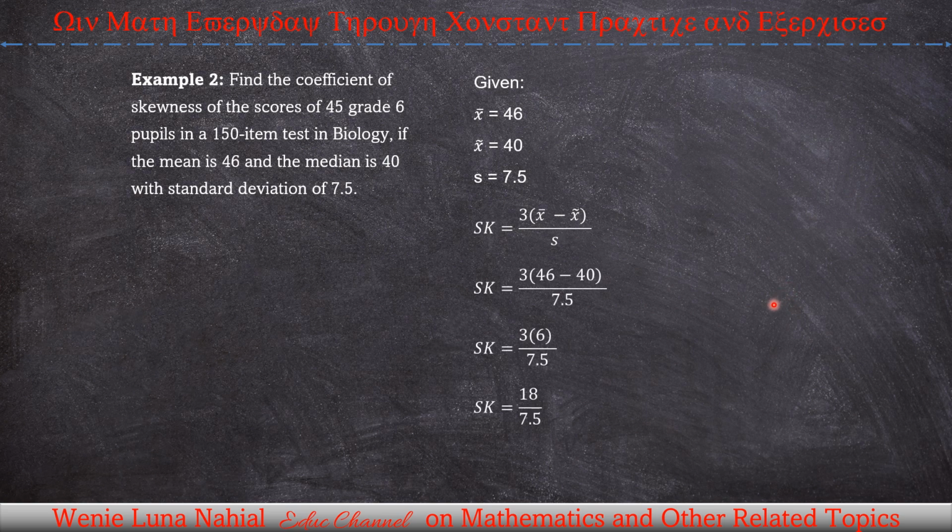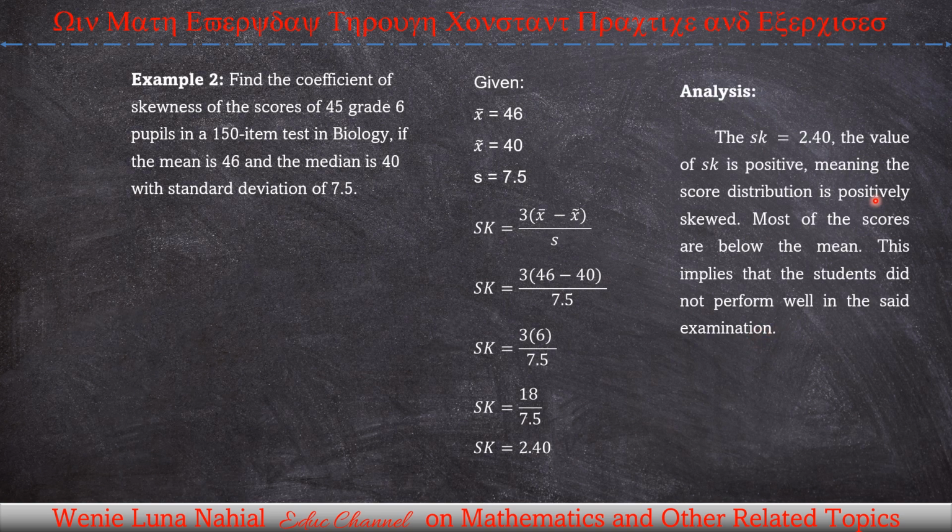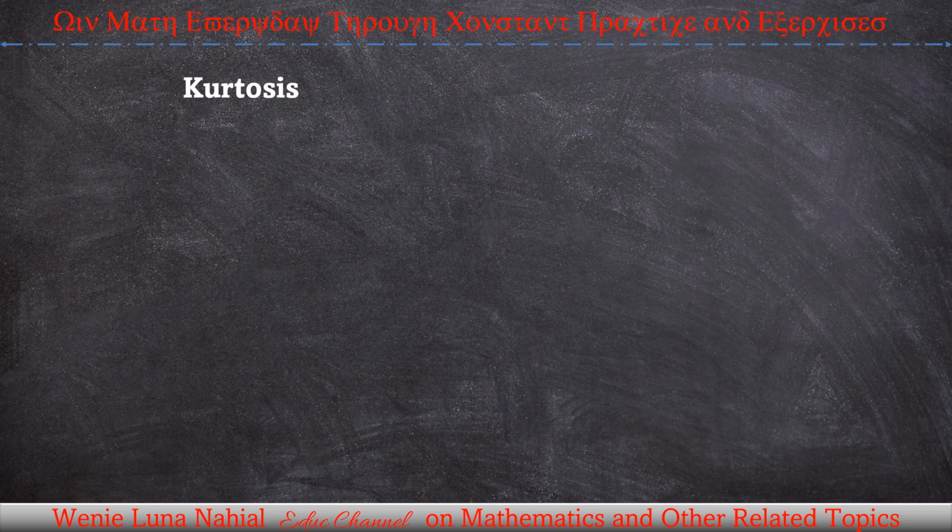So we get 18 over 7.5. So sk is equal to 2.4. So this is greater than 0. So the meaning is the score distribution is positively skewed. Most of the scores are below the mean. This implies that the students did not perform well in the said examination.